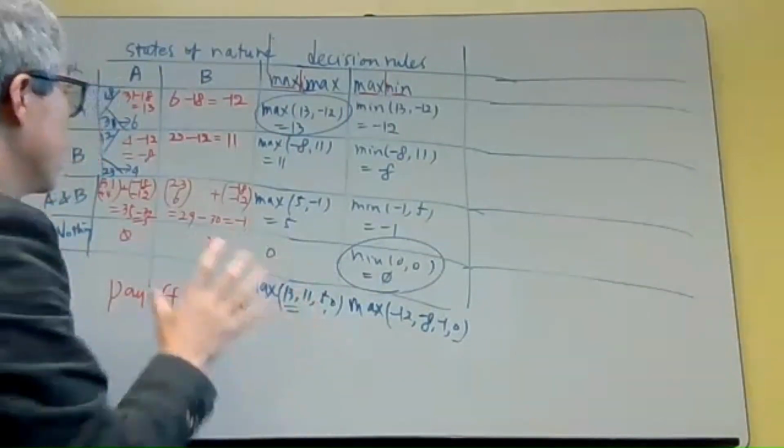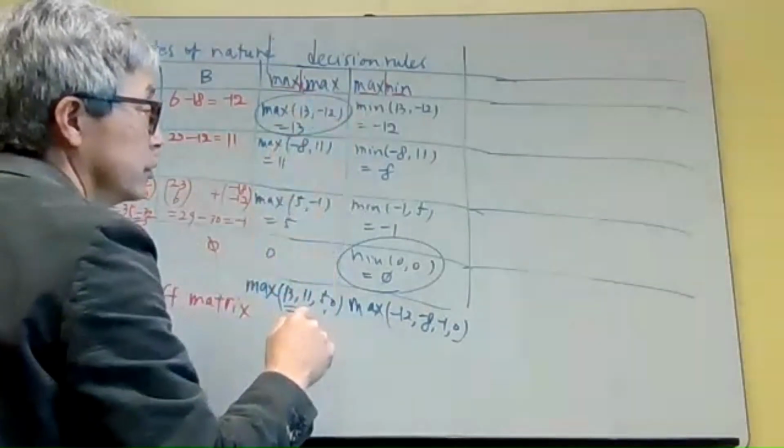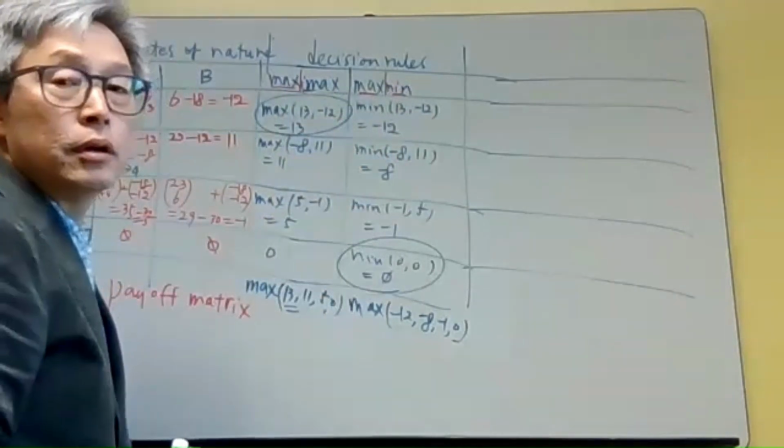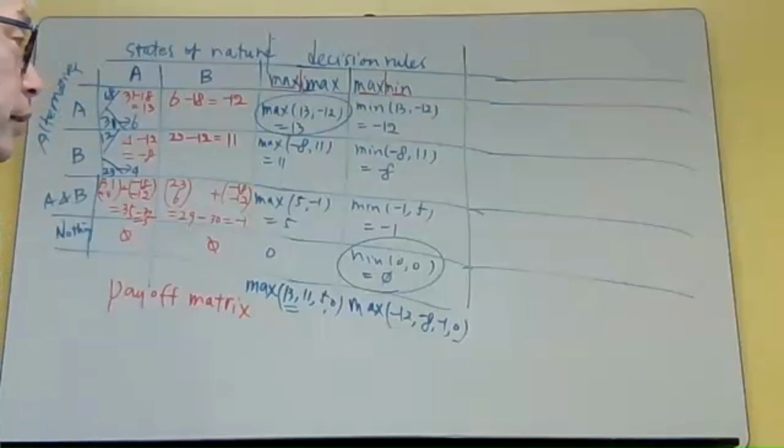So we use the payoff matrix with the decision rules to find the optimal choice alternative.